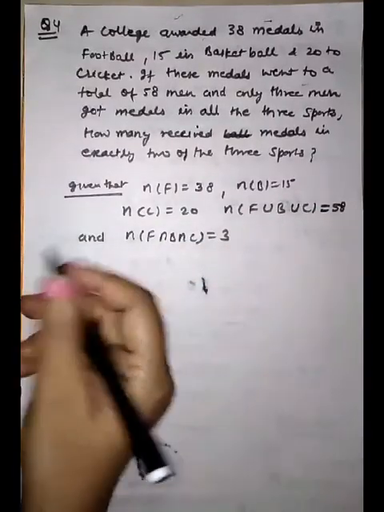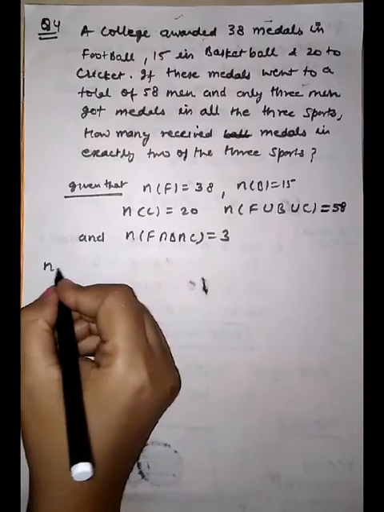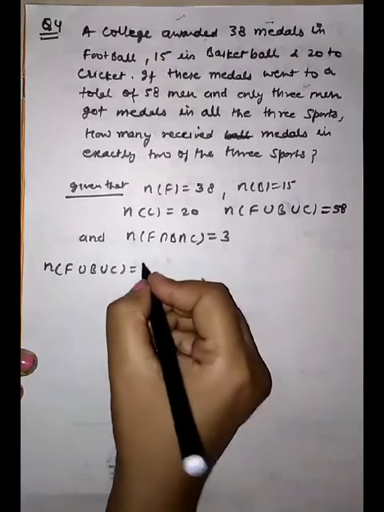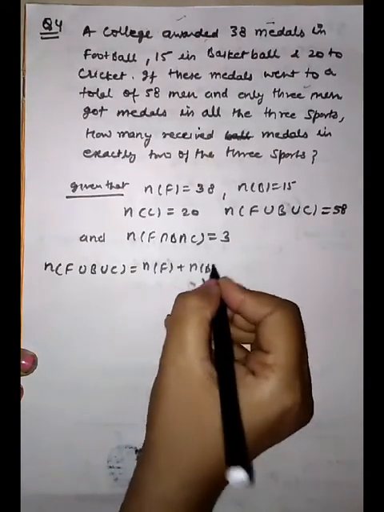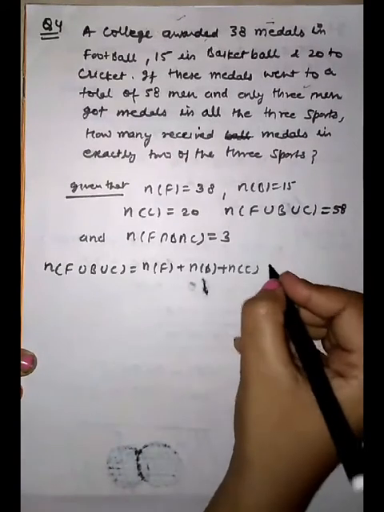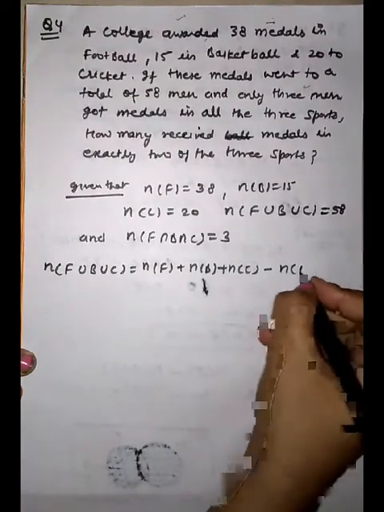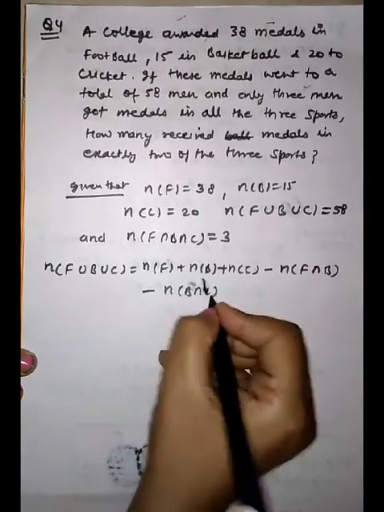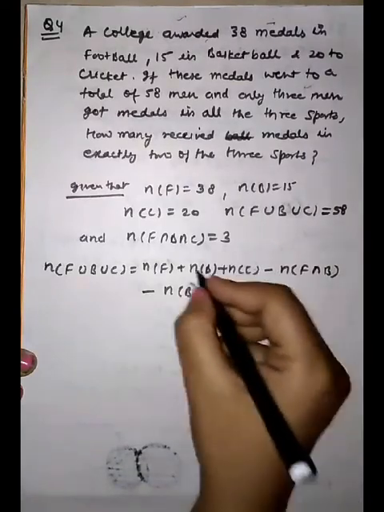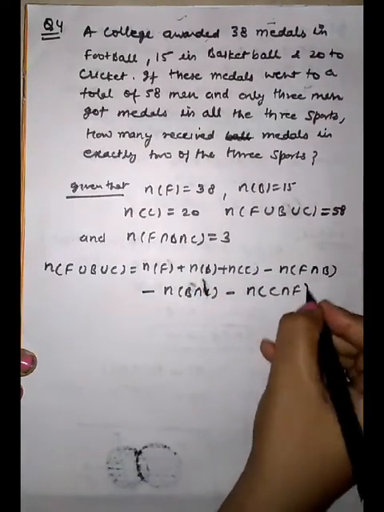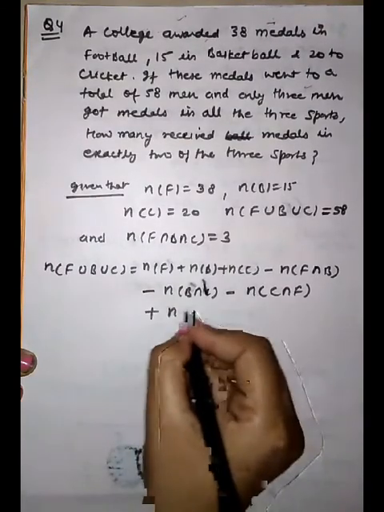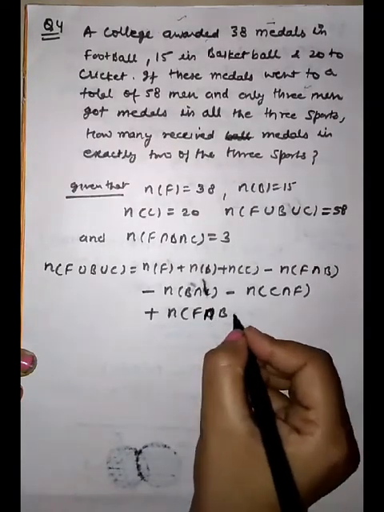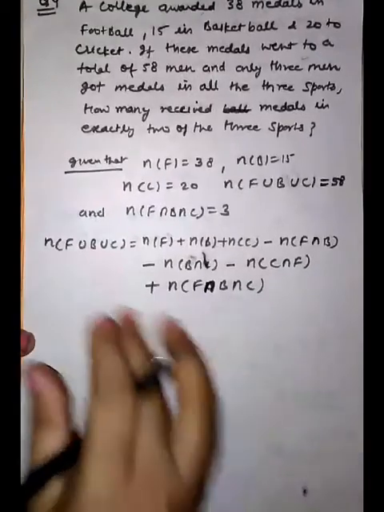Now using the formula for three sets, n(F union B union C) equals n(F) plus n(B) plus n(C) minus n(F intersection B) minus n(B intersection C) minus n(C intersection F) plus n(F intersection B intersection C). So put all the values in.